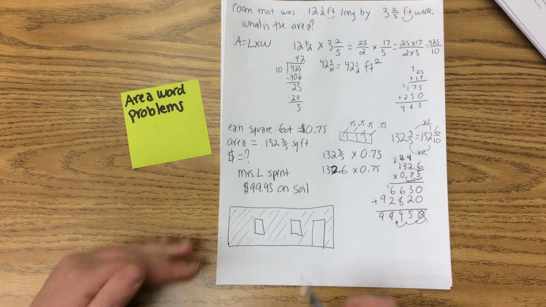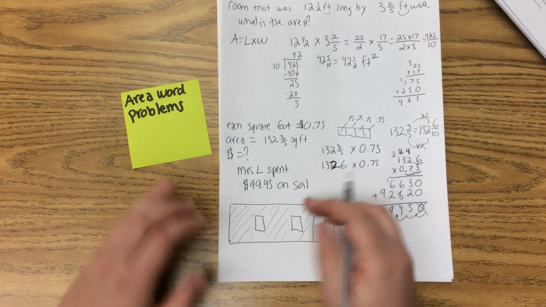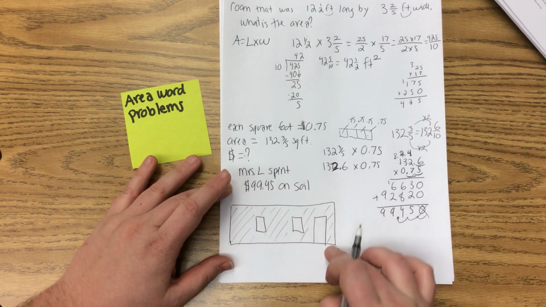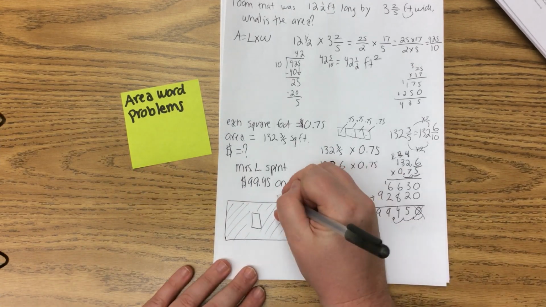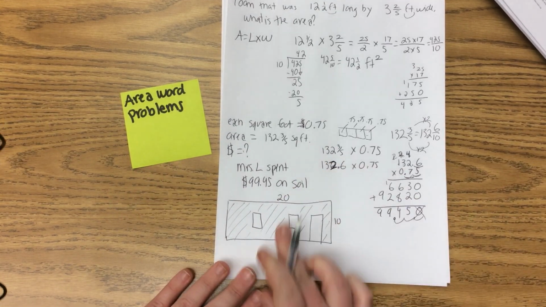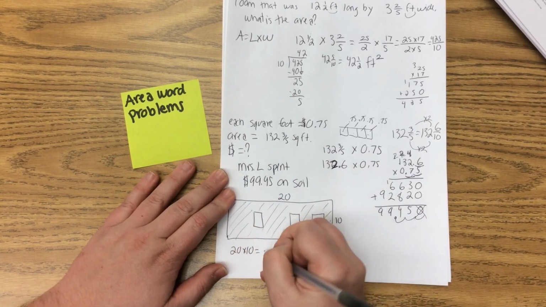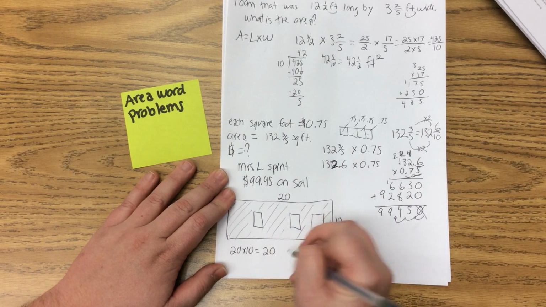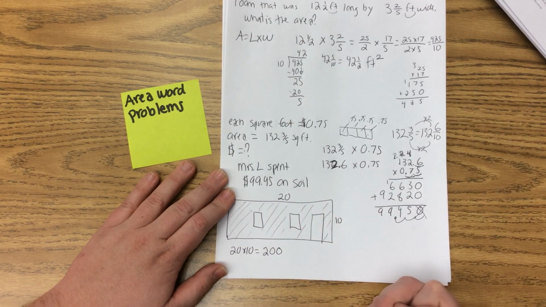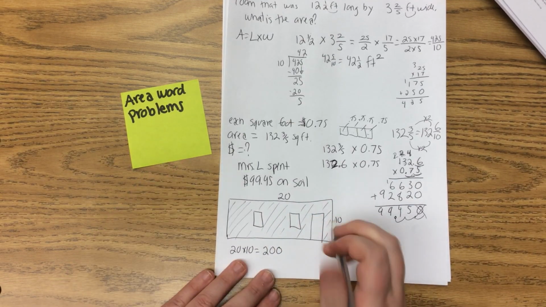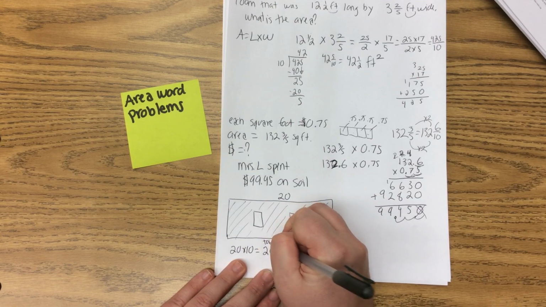Well, remember, to find the area of the yellow paper, you first need to find the area of the entire rectangle. So for easier numbers, let's pretend this was 20 and 10. I would find 20 times 10 to equal 200. And that's the total area.